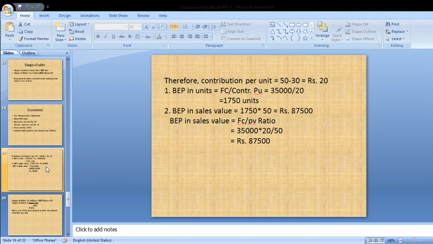So, one calculation you will do in the beginning is compute the contribution per unit. So, 1 unit you sell gives you 20 rupees. How much do you have to earn at minimum? You have to earn enough to cover your 35,000, because that is your fixed cost.